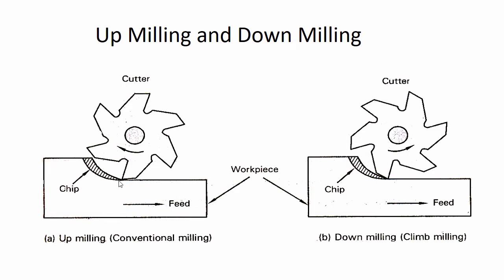At the start of the material cut, the chip is removed at a very slow rate. The amount of material removed at the start of machining is very small, but as it is fed against the rotation, there is a gradual increase in the chip. You can see this in the diagram.